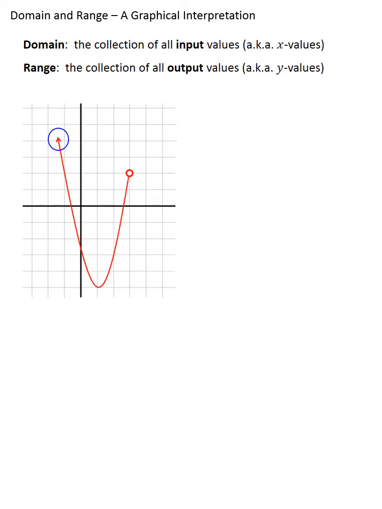Notice this arrow on the other end of the function. This arrow appears to be pointing upward, but it really has two implications. It not only represents that there are points in this graph that are infinitely high up, in a sense that the function goes up forever in that direction, if you will.